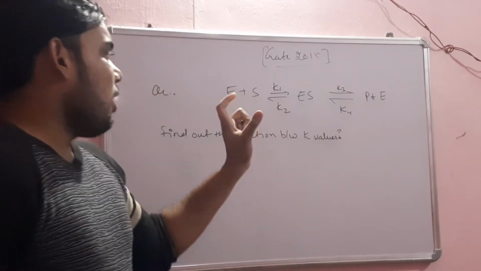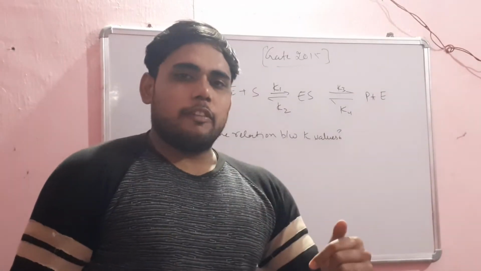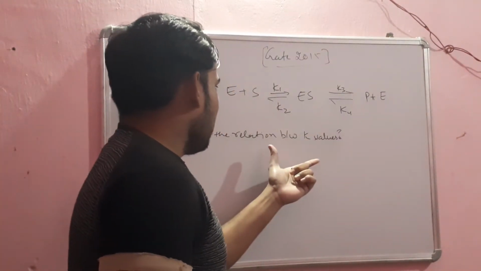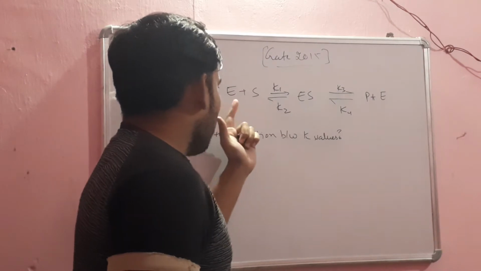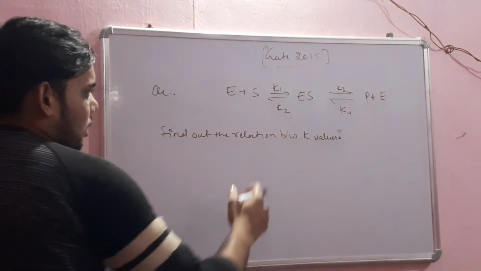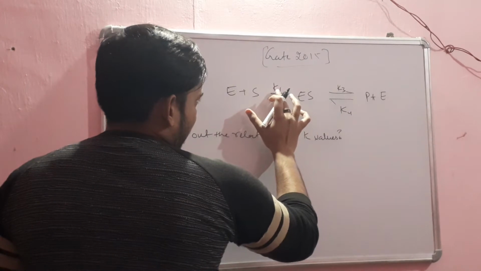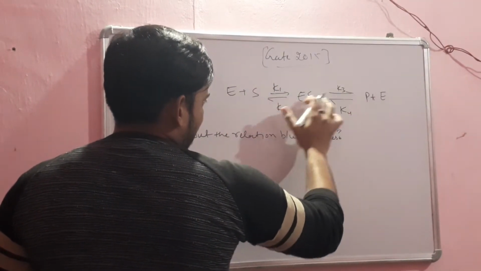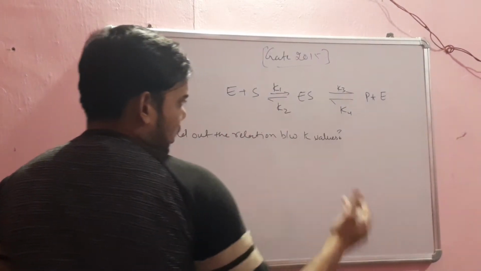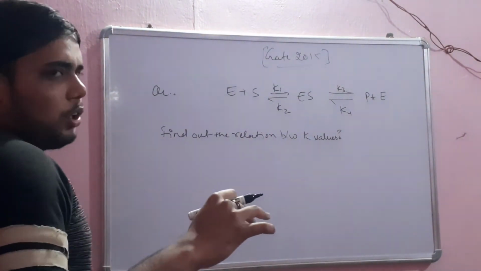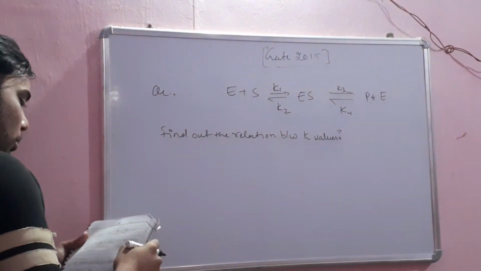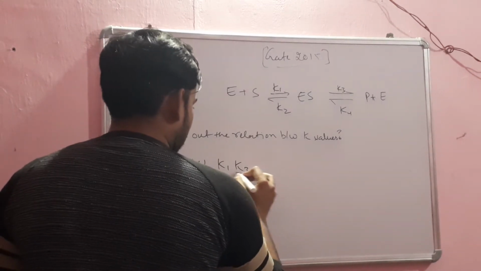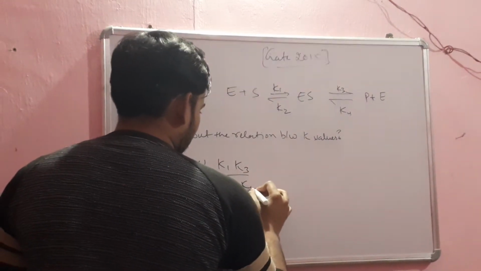Whenever you have such a question, you can give the answer easily by this formula: when we have k1 and k3, they can be in multiple, and when we have the opposite reaction, they will be on the numerator side. And the correct option for this question is like this: k1, k3, k2 and k4.